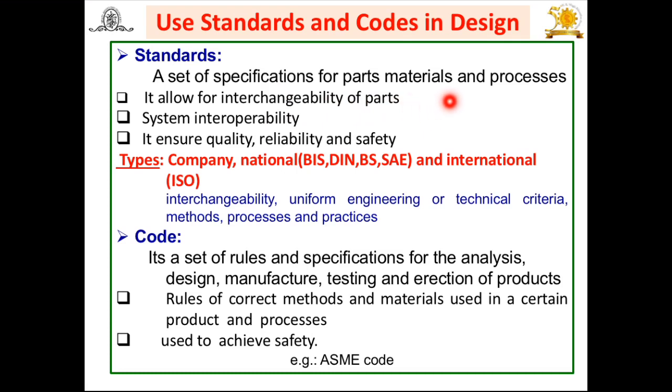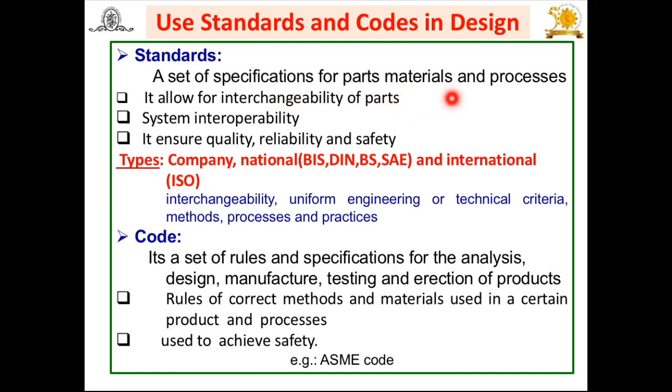Interchangeability means, suppose a nut and bolt manufactured in India has a size, suppose M12. If I would like to use the same M12 nut and bolt in another country, you will get the same size, shape and dimensions of that nut and bolt there also. That is interchangeability of the parts.